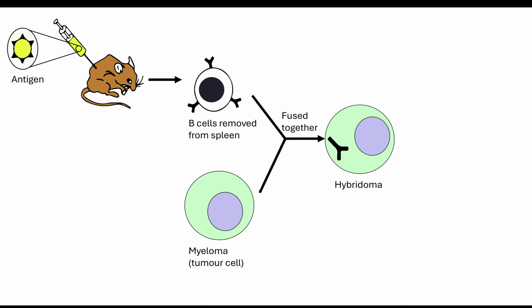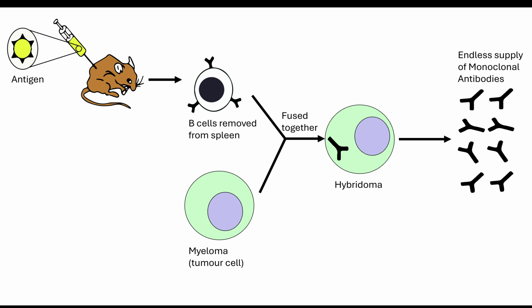If we fuse it with this B cell, which has the capacity to make the correct antibody, that hybridoma will be able to go through mitotic division lots and lots of times and also do protein synthesis, which means we end up with an endless supply of monoclonal antibodies. Those antibodies have an antigen binding site which is specific to the antigen, which is really important.